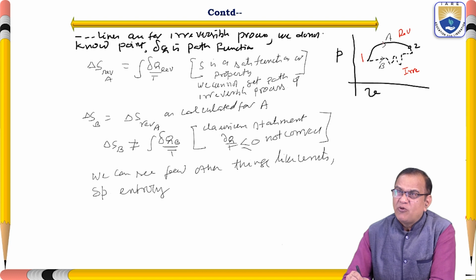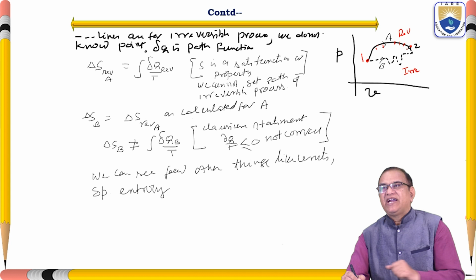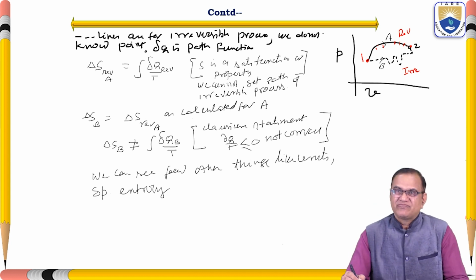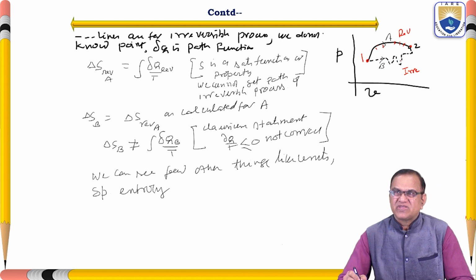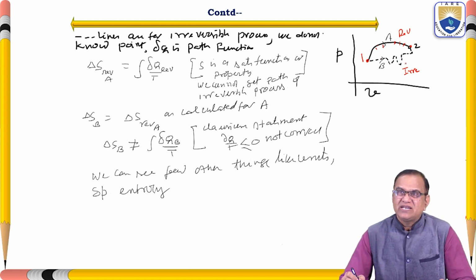Every point in the reversible path is known, but here we don't know how it is, but we don't require it also, because within the 2 points the entropy will remain same. So here we have shown that this dotted line is your irreversible line, and we do not know the points in this.